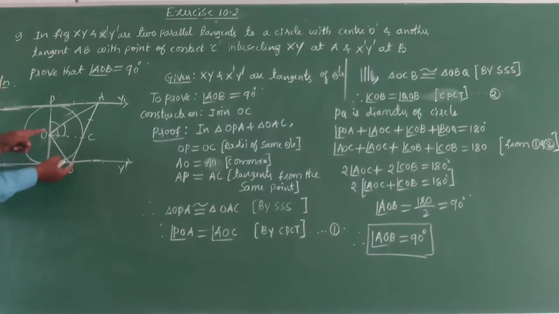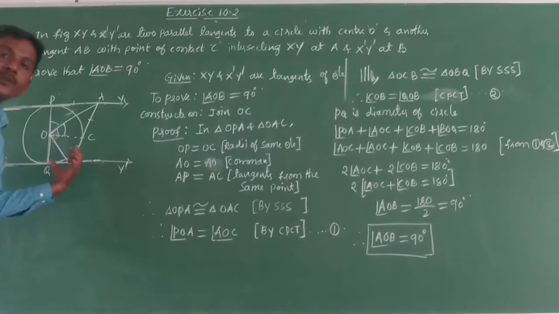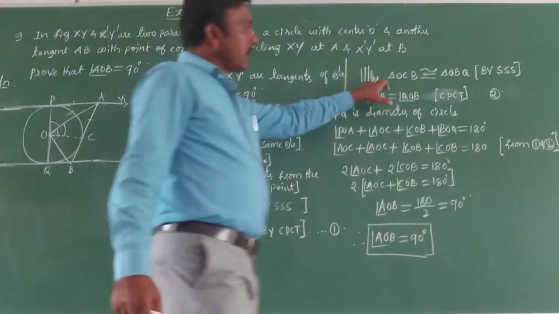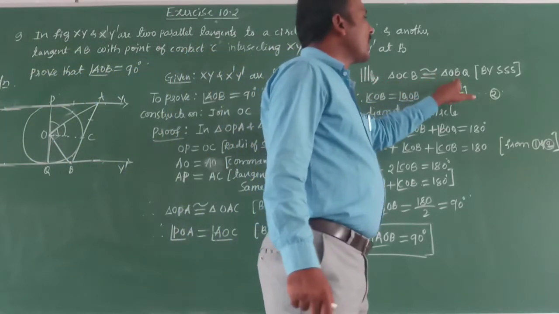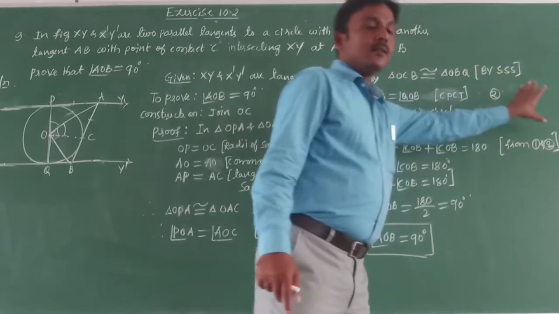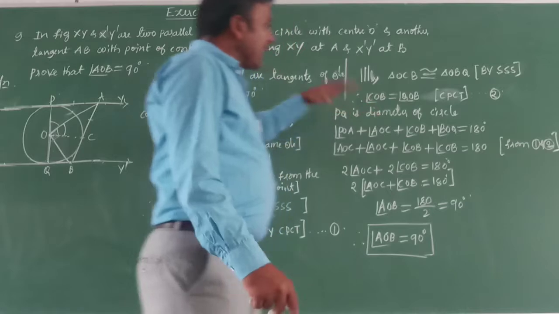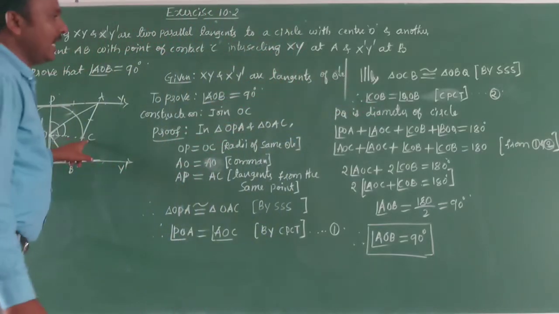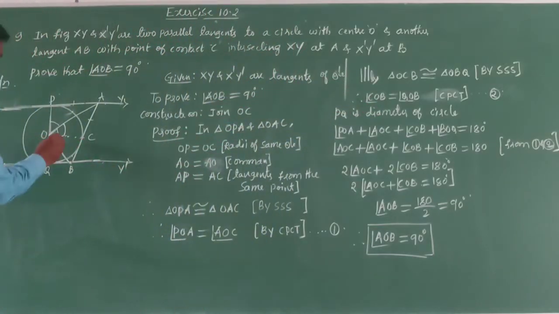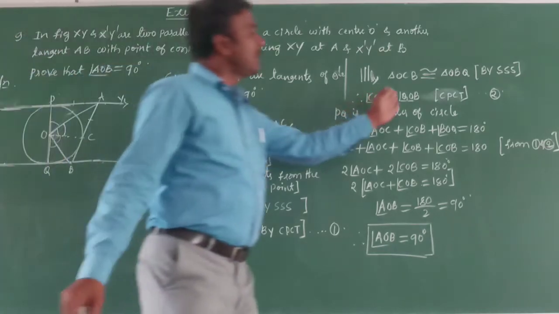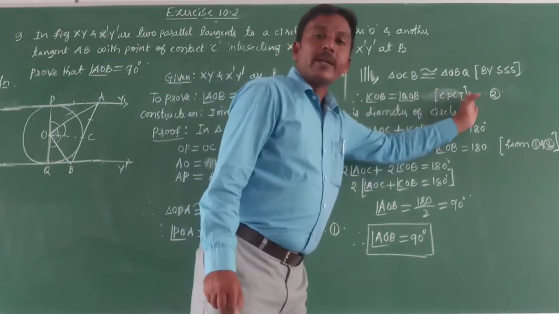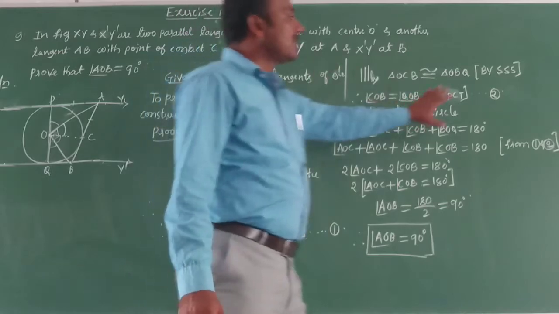OB is common. BC is equal to BQ. So triangle OCB is congruent to triangle OBQ by SSS congruence criteria. Then angle COB is equal to angle BOQ. These two angles will be equal, by CPCT only. Say this is equation number 2.